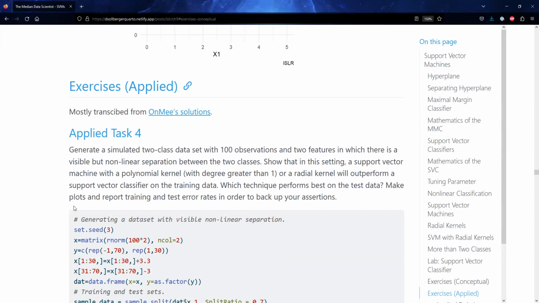In problem number 4, we're working with 100 observations, a simulation, but where there's a non-linear separation. Then the problem will ask us to practice with a polynomial kernel or a radial kernel, and then we need to go back and have a sense of which one did a better job.